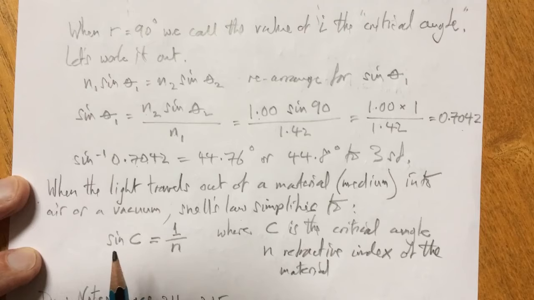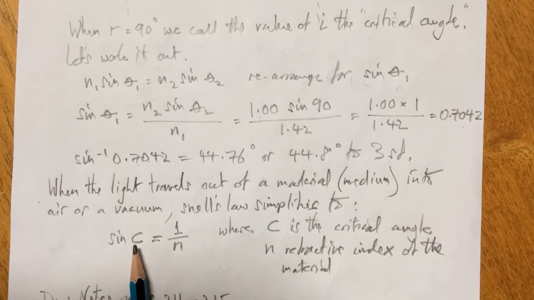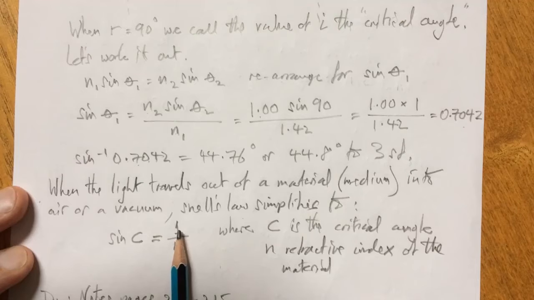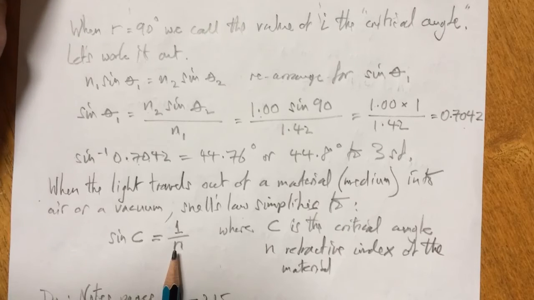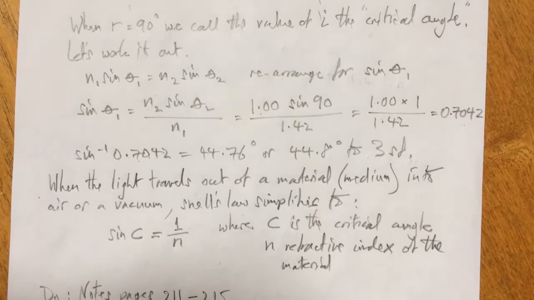The symbol for the critical angle is a capital C, not to be confused with the symbol for speed of light in a vacuum, which is a lowercase c. Okay, so it's just sine C equals 1 over n, where C is the critical angle, n is the refractive index of the material that the light is coming out of. Okay, that's it. That's all we need to know.